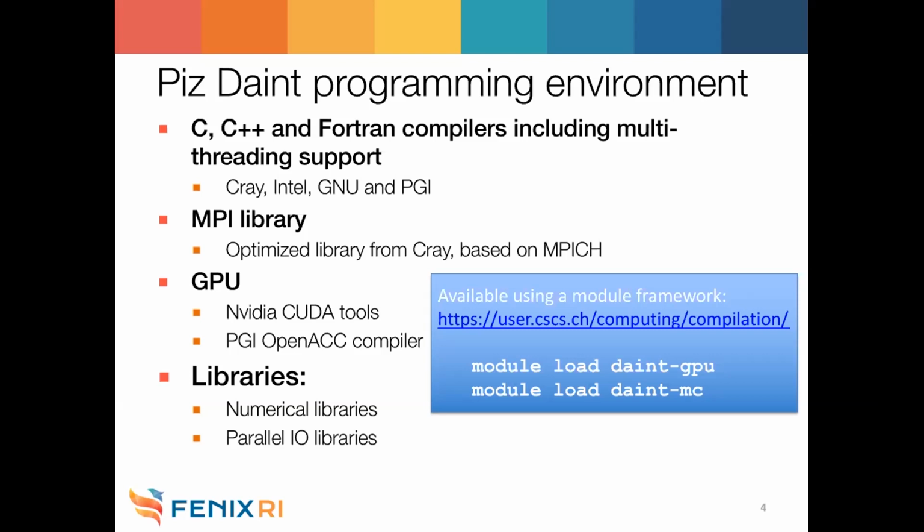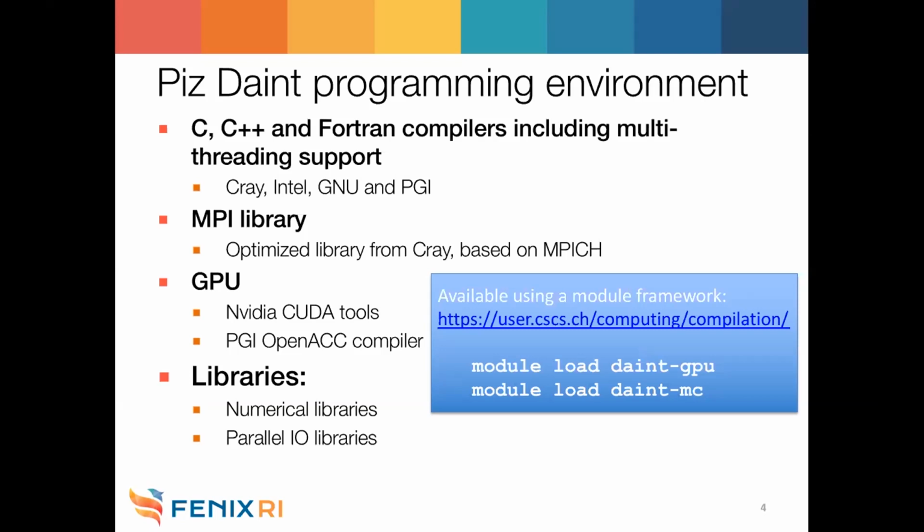Of course, there are NVIDIA GPUs, so it comes with NVIDIA tool chains, which are highly integrated in the Cray, GNU, and PGI environments. In addition, you have a PGI OpenACC compiler, and typically this version is kept up to date.